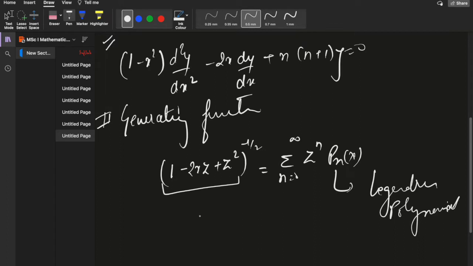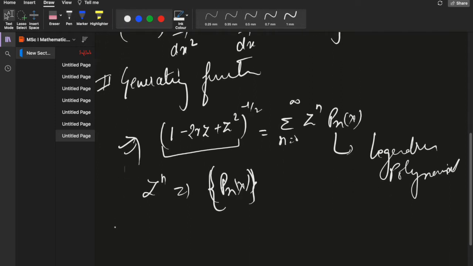On expanding the left hand side, we will find the coefficient of z to the power n to be Pn(x). So we can say this is the generating function for Legendre polynomial. On behalf of this, we will calculate some numericals.